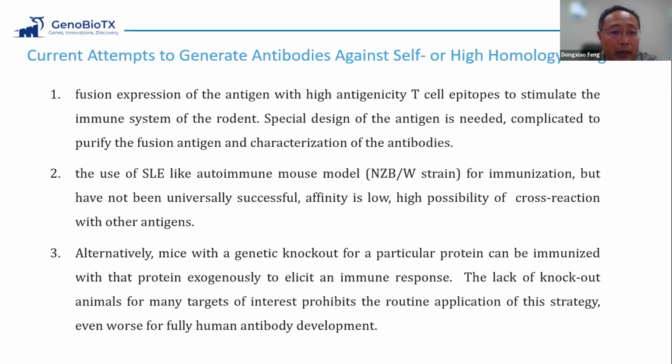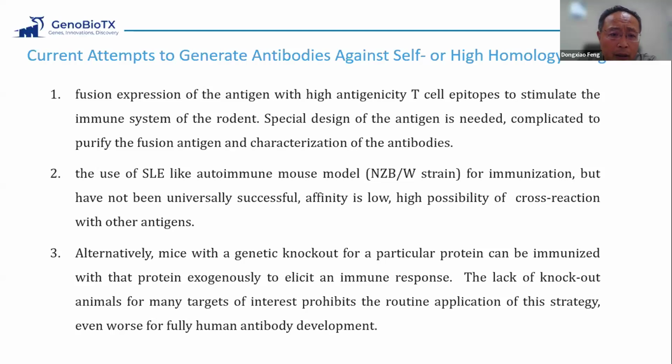Second, we can use SLE-like autoimmune mouse models, for example the NZB/W strain, for immunization, because this mouse can develop self-antibodies by itself. However, the affinity of the antibody is quite low, and the possibility of cross-reaction with other antigens is very high, so it has not been very successful so far.